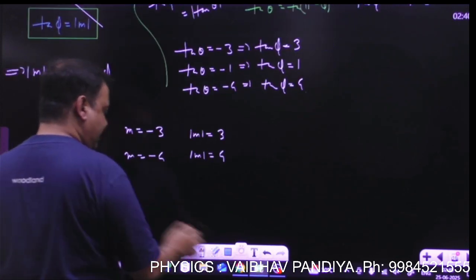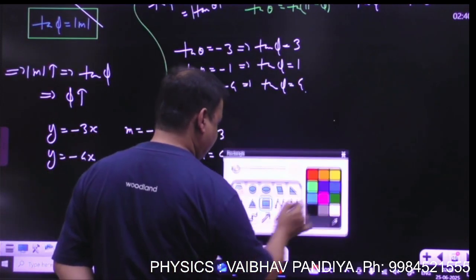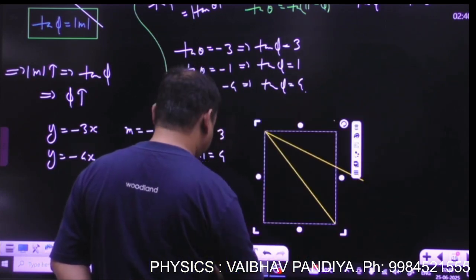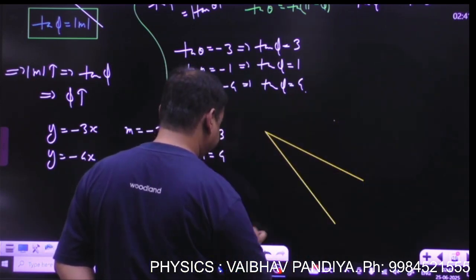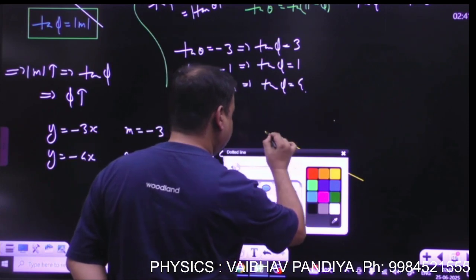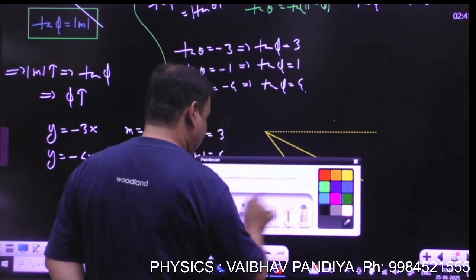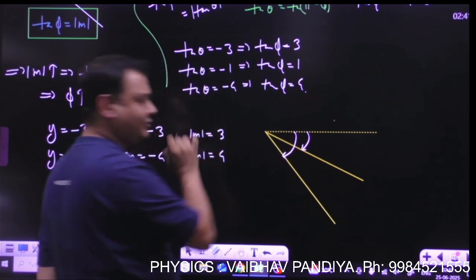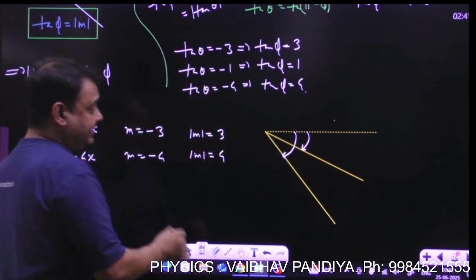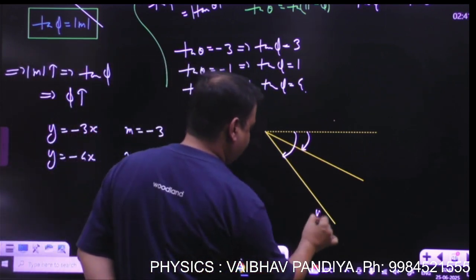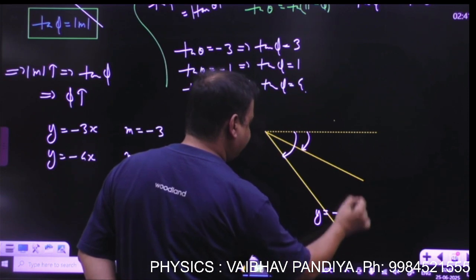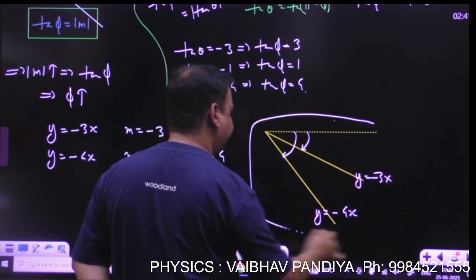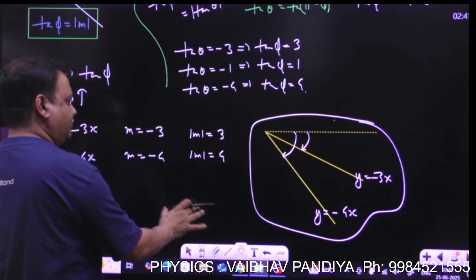So the graphs on the same sketch, say I am taking the starting point as same, with the horizontal like this, I will have greater inclination for greater modulus of m. So this will be minus 4x, and this will be minus 3x. This is your FTP, fingertip point, which you will remember.